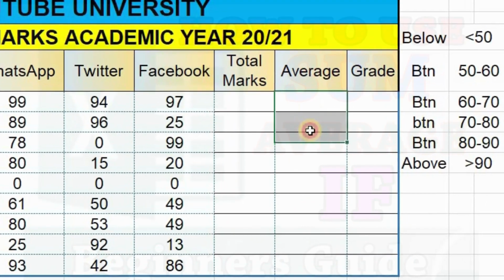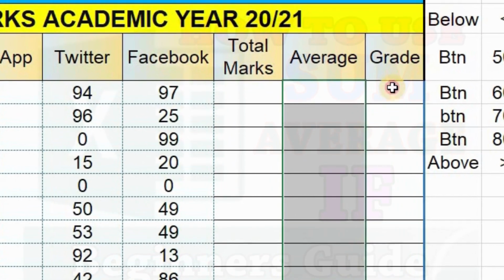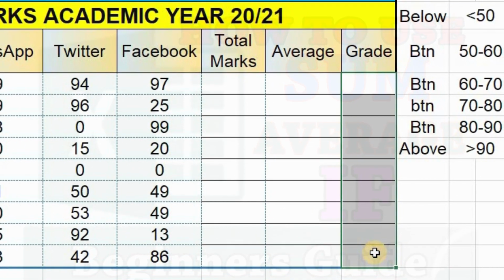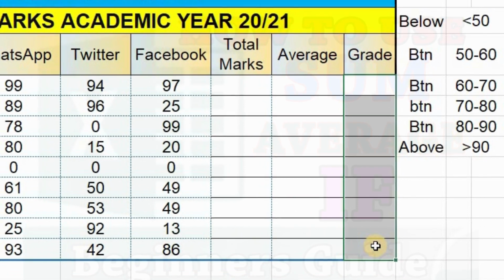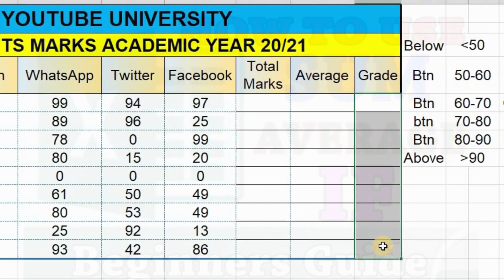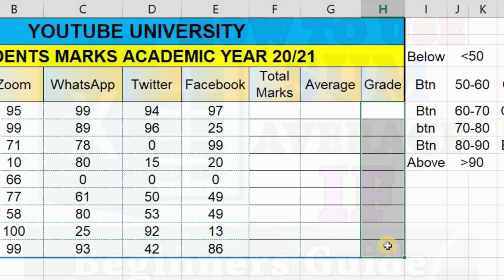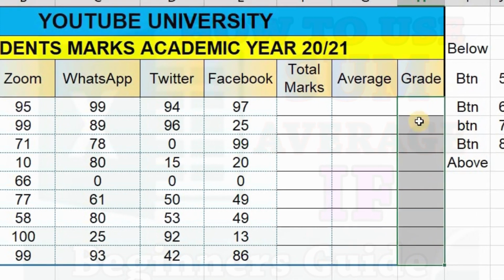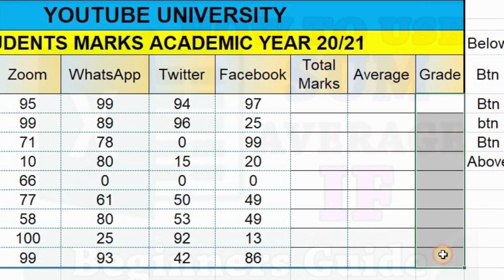Then the grade is a logical way of getting how somebody performed, but we need the system to get it in a systematic way. It should be able to read that if this happens, then this should be the answer. That is how we are going to use this area.